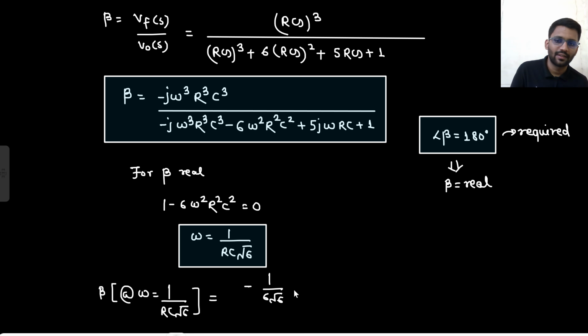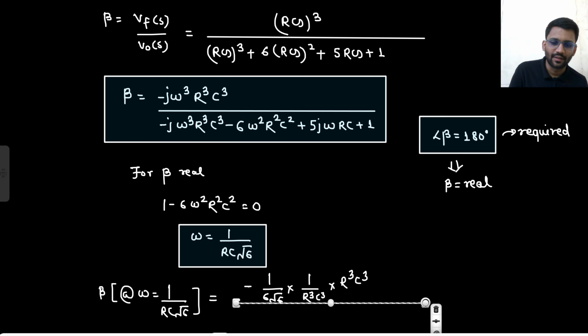Minus sign is already there, divided by 1 by R cube C cube into R cube C cube, minus omega cube. Omega cube, again I am getting this thing, 1 by 6 under root 6, 1 by R cube C cube into R cube C cube.